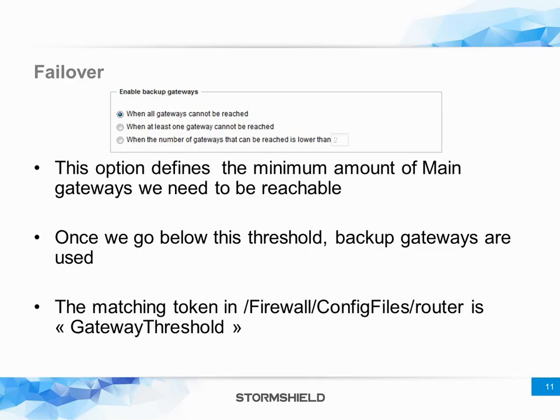The second one is to start using backup gateways as soon as you lose one main gateway. And the last option here is to choose a custom threshold, where you type in the number of gateways that you want active at minimum. Below this threshold, you will call upon backup gateways.